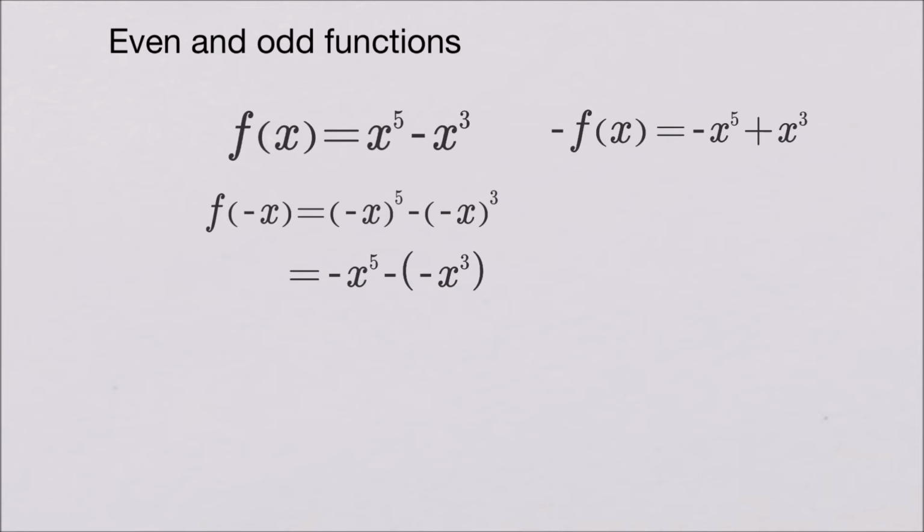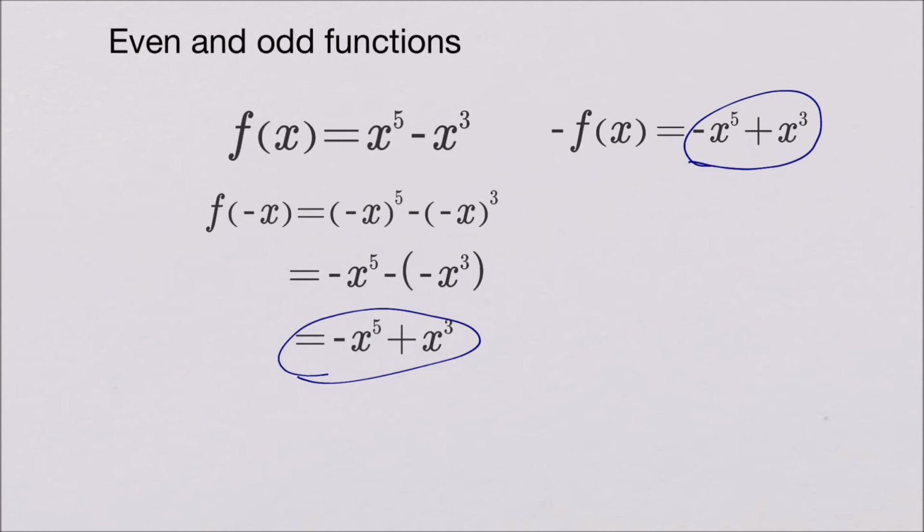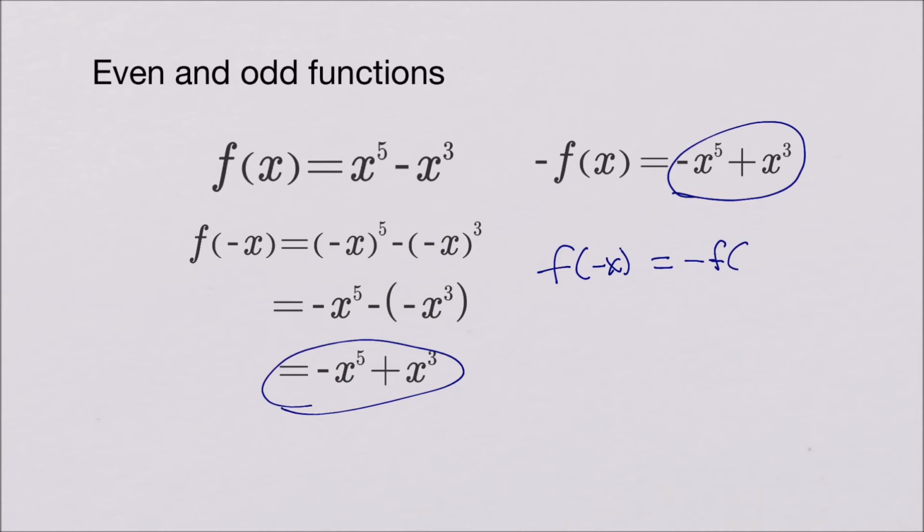And then if we take that one step further, this is equal to negative x to the fifth plus x to the third. So you can see here the value that we got for f of negative x is the same as the value that we got for negative f of x. So in this case, we have f of negative x equal to negative f of x. So this function is odd.